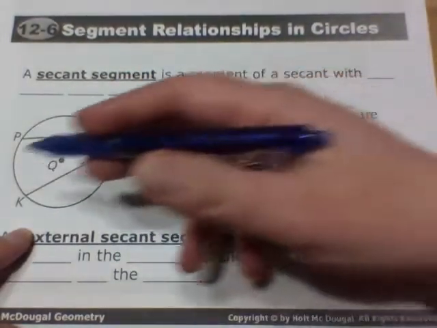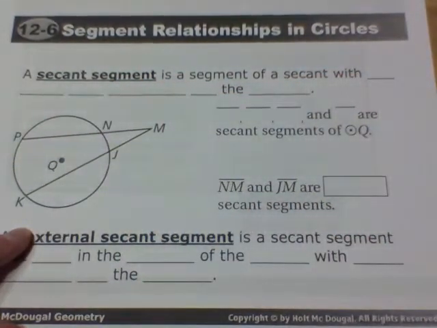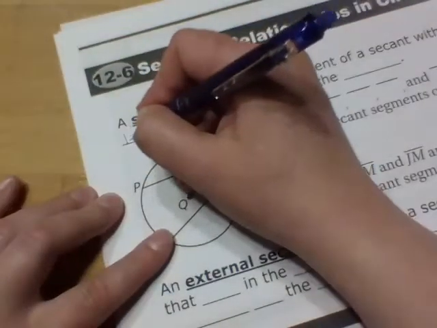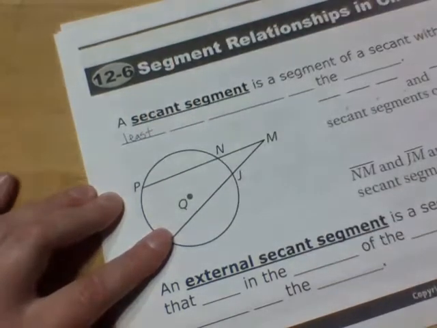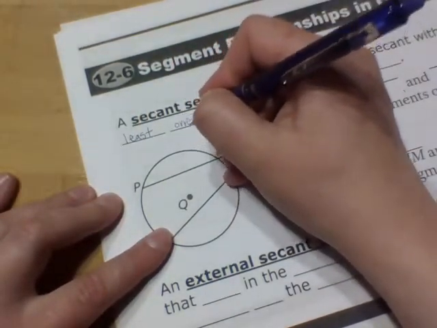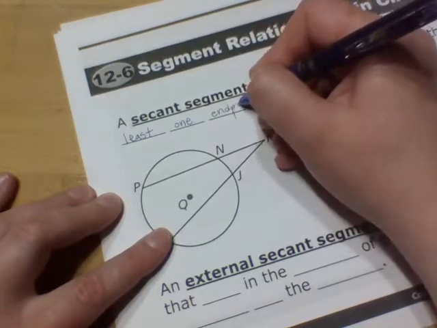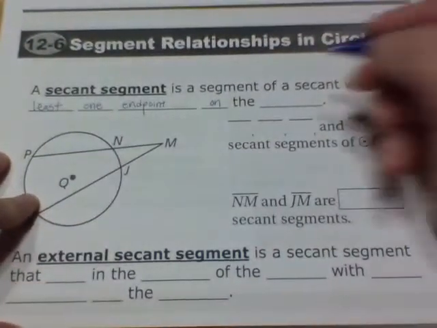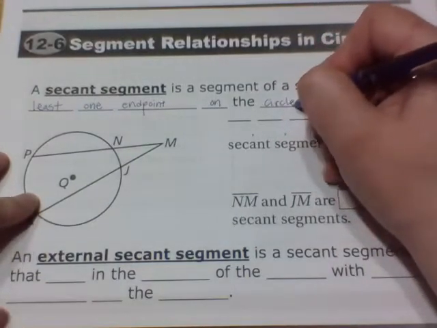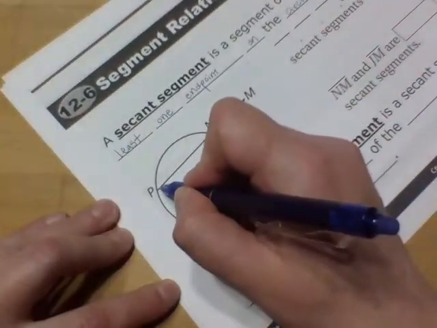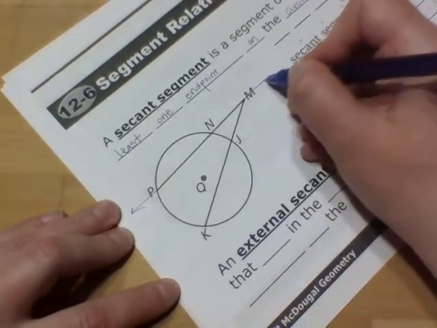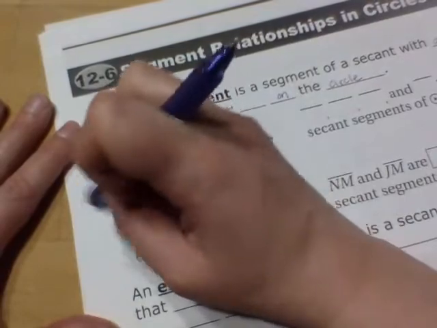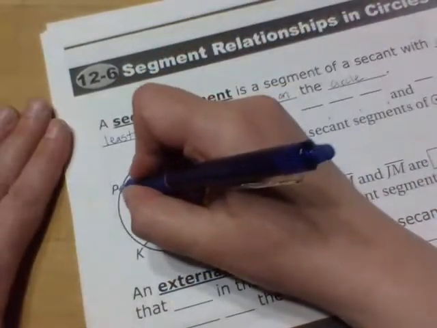Remember, a secant line would have gone through both of those pieces, with at least one endpoint on the circle. So again, we're imagining this is a secant, but now we have chopped it off so that one of the endpoints is on the circle.